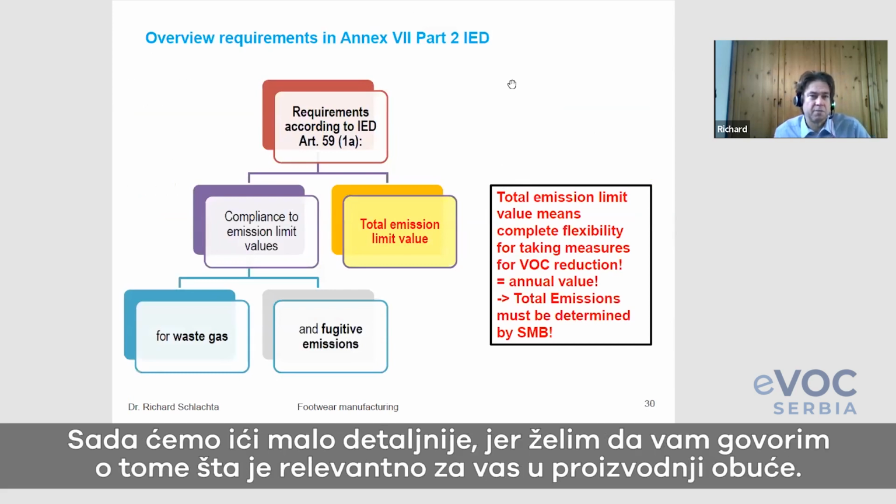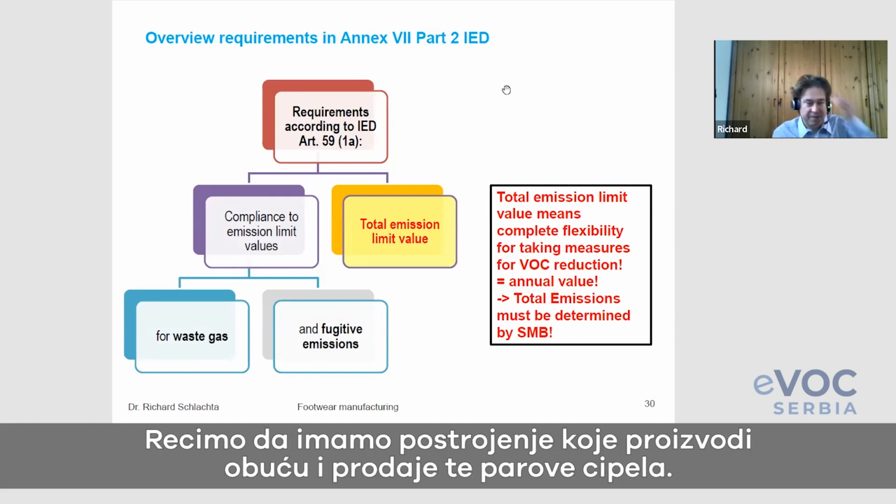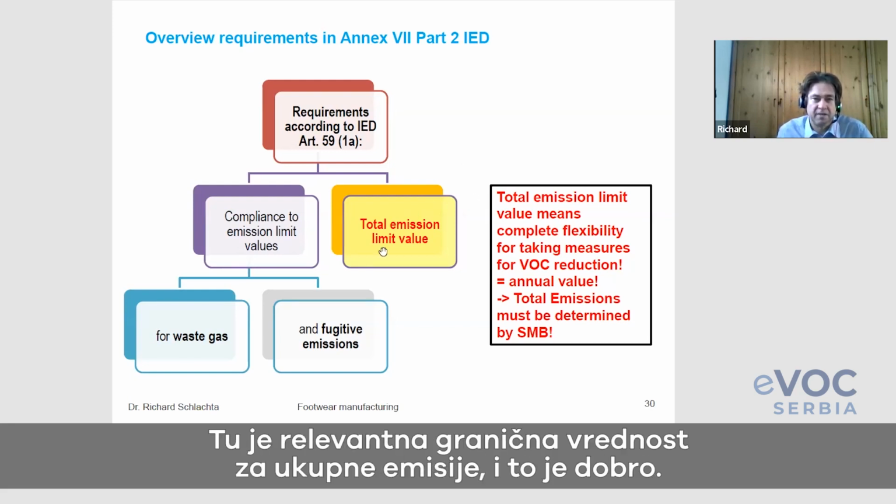Now, coming more to detail, because we want to speak about footwear manufacturing, what is relevant for you? We have an installation that is producing footwear and selling pairs of shoes. Here, relevant is the total emission limit value.